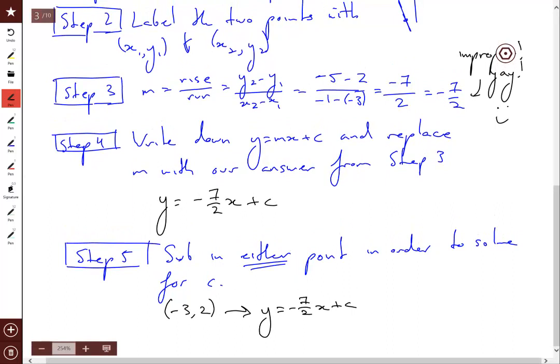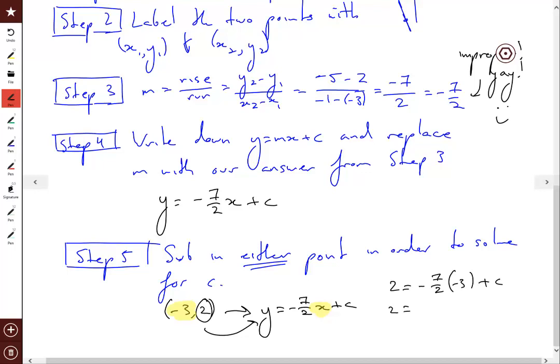And so what I end up with, and so let me go over here, is, well, that's my y value, so that goes in there. And that's my x value, so that goes in there. So I end up with 2 equals -7 on 2 times -3 plus c.